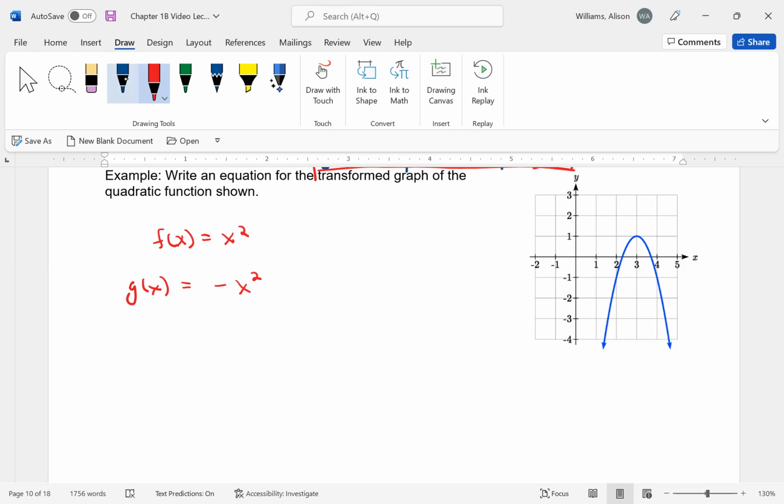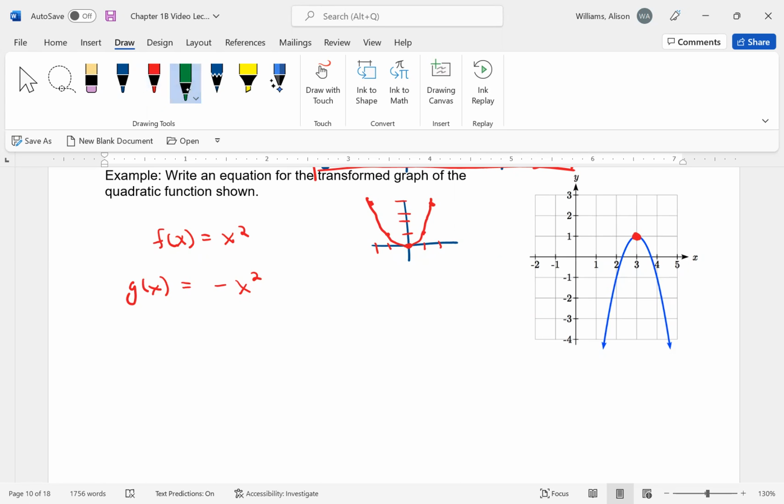Now, x squared, just to kind of refresh my memory here, right? Starts at 0, 0, and then it goes 1, 1, negative 1, 1, and then 2, 4, and negative 2, 4. Okay, so it looks like that's the basic x squared graph. So this one, if it's flipped, first of all, it looks like it's been shifted as well. So let's start with that. Let's move it.